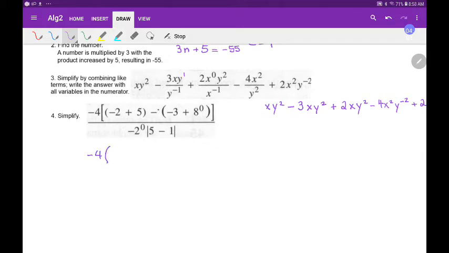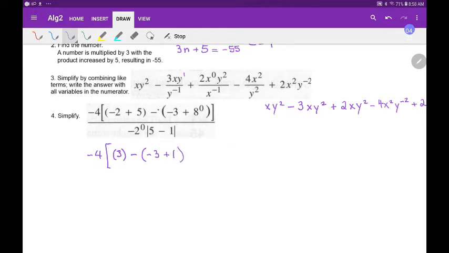Oh, well, supposed to be a bracket, -4. Inside the parentheses, I have a -2 and a +5 that are fighting, and the 5 wins by 3.